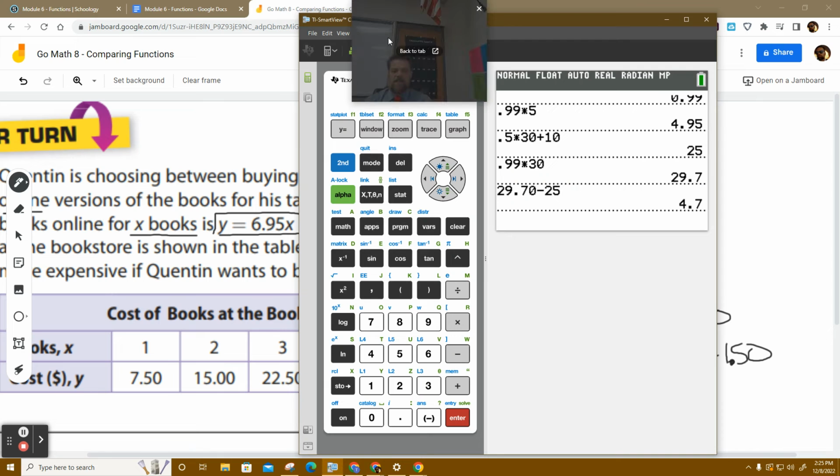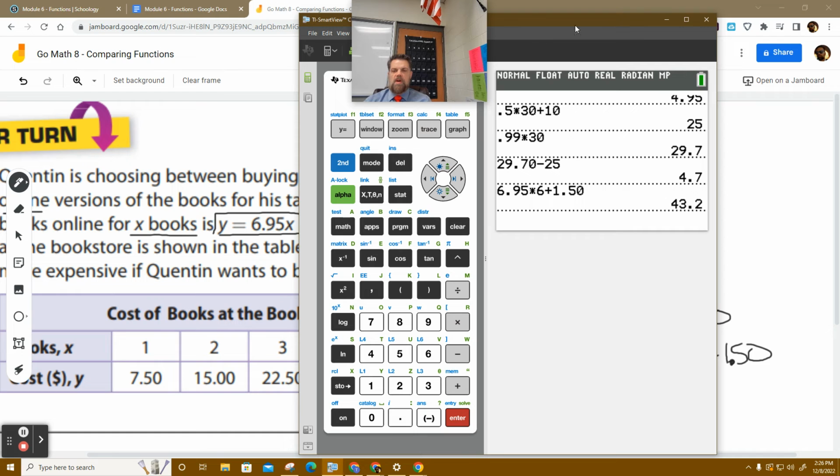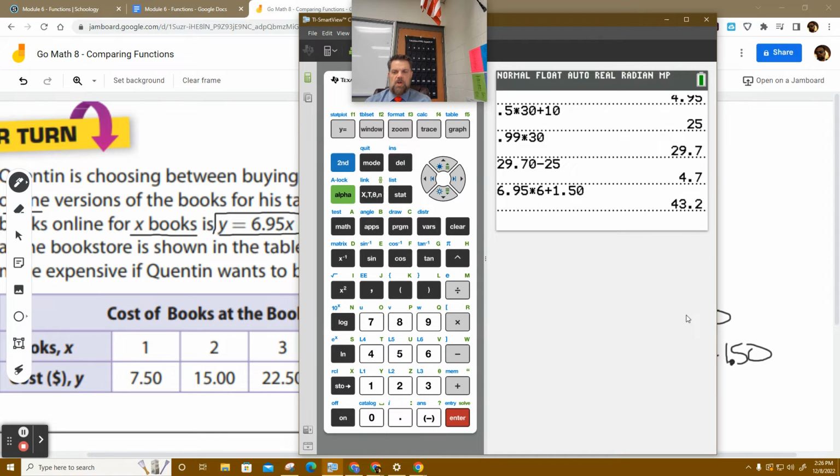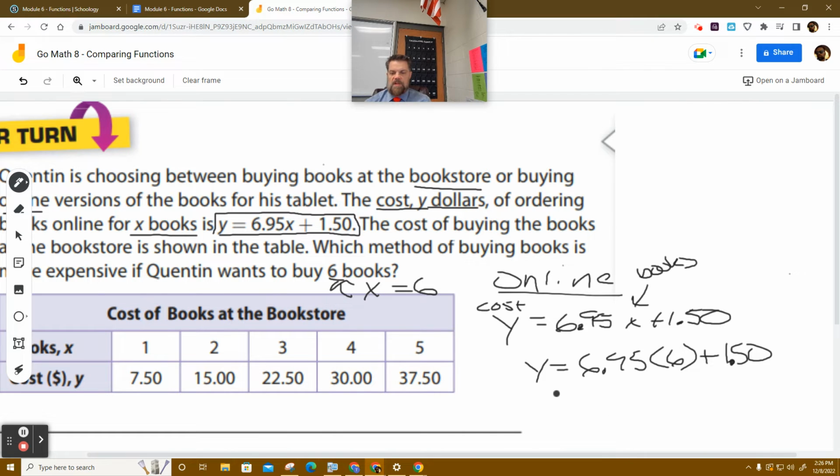I'm just going to plug that in the equation: 6.95 times 6 plus 1.50. $42.20. Was it 43? Yeah. Oh yeah, you're right. So it would cost $43.20.